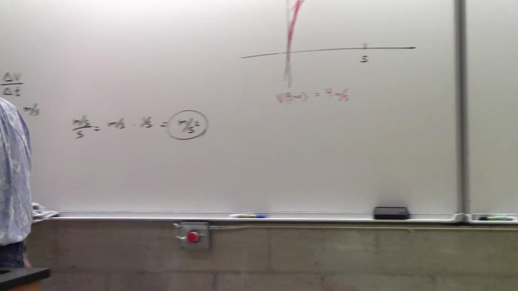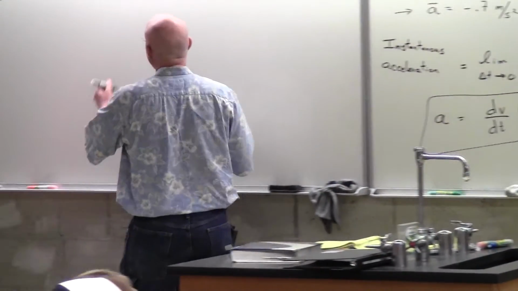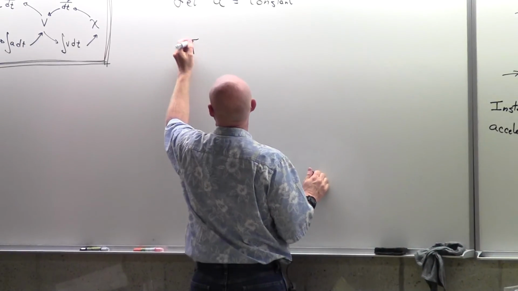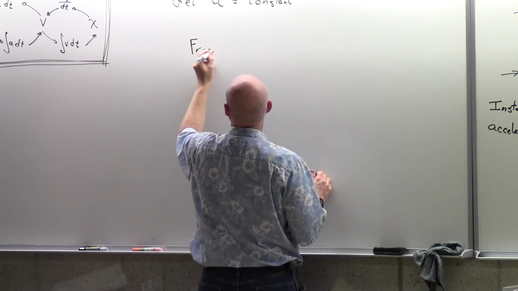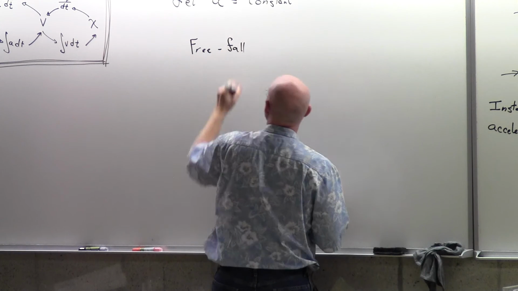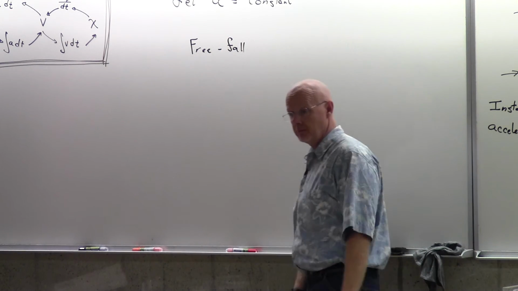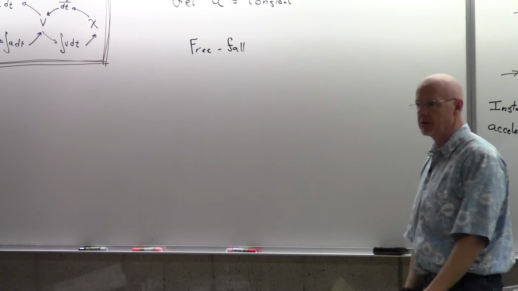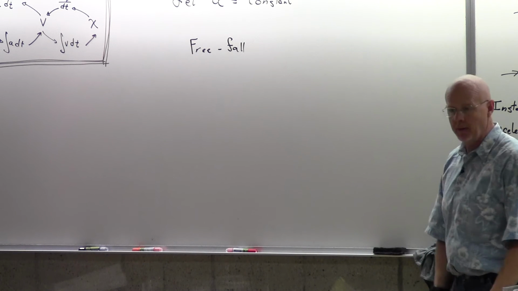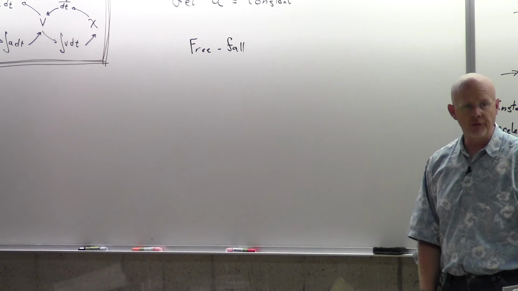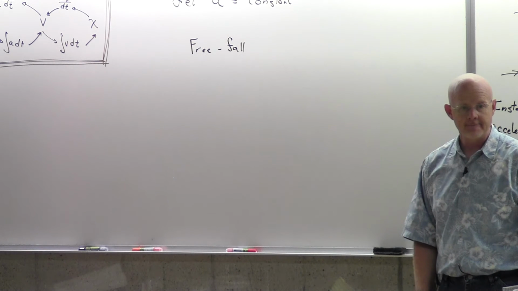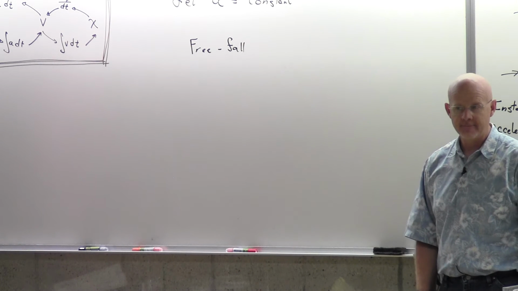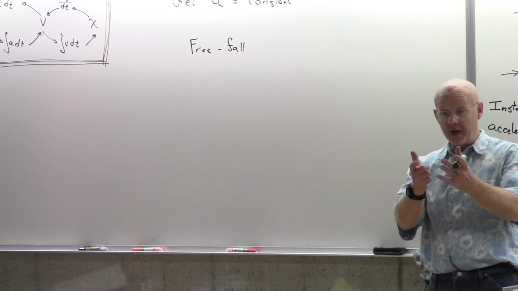There are many constant accelerations. I know in Physics 102 you learned something called free fall. There's an example of a constant acceleration. Do you remember free fall? What was free fall? Acceleration due to gravity. Okay. The word free was in there. Why?